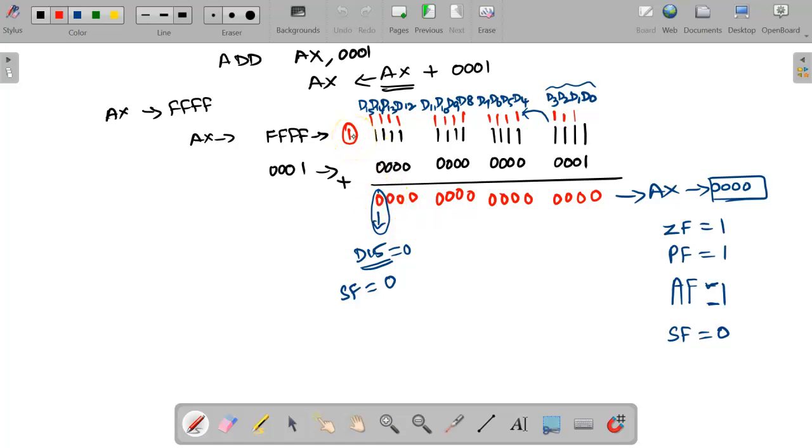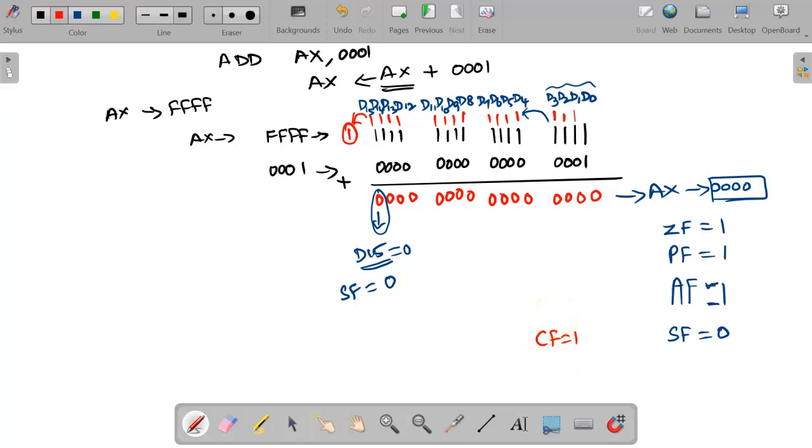So here we are getting the carry from the D15th bit as 1. Since we are getting the carry from the MSB, I can say that the carry flag is equal to 1. Suppose if we are not getting the carry from the D15th bit, then CF is equal to 0. But here in this problem, we are getting the carry from the D15th bit, so CF is equal to 1.